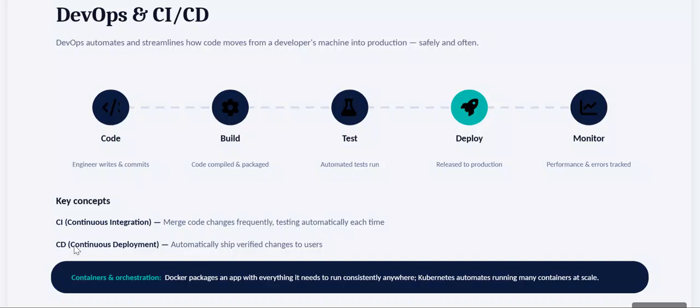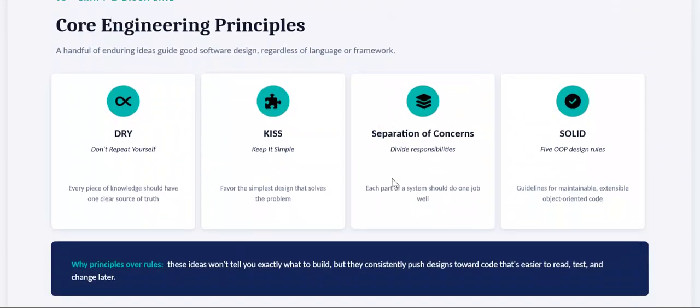Continuous integration merges the code changes first and tests them before deploying. Continuous deployment automatically ships verified changes to users. So after you code and build, you send for test, and then it deploys. So let's move on.